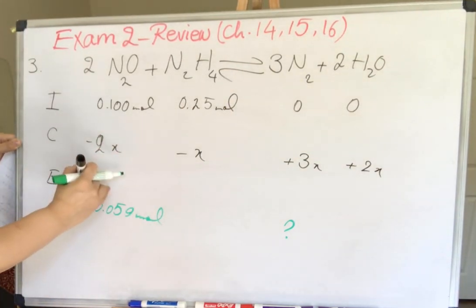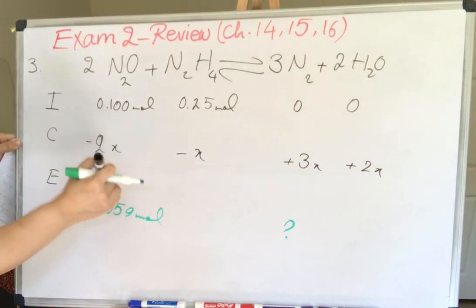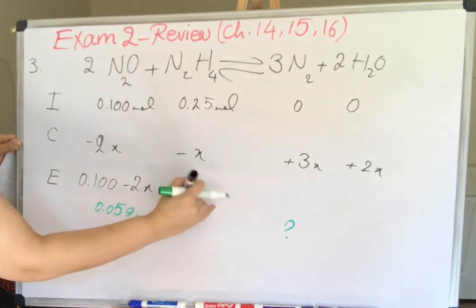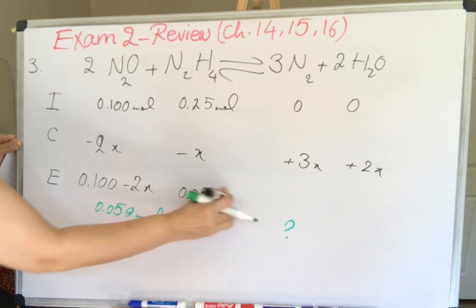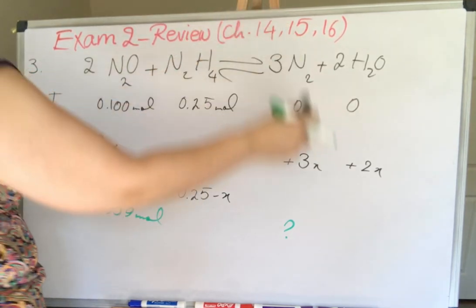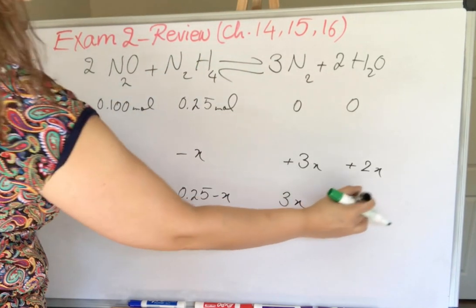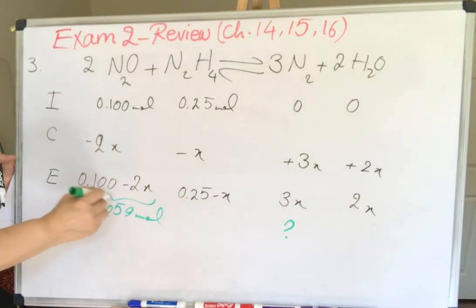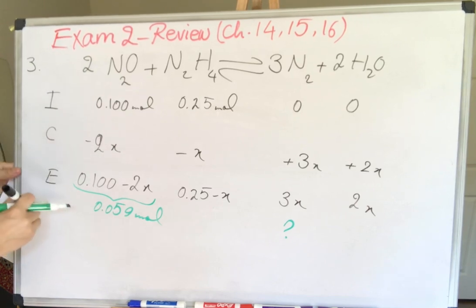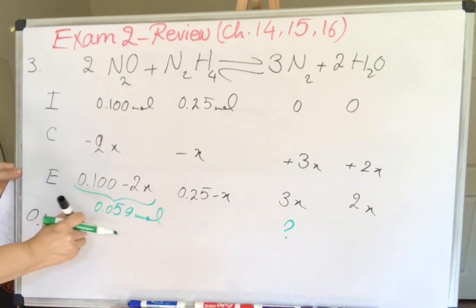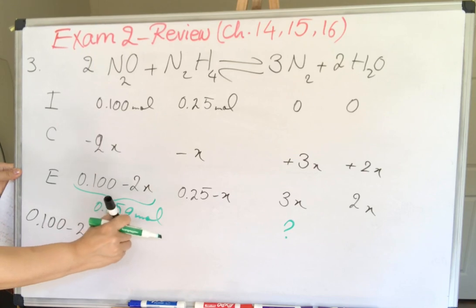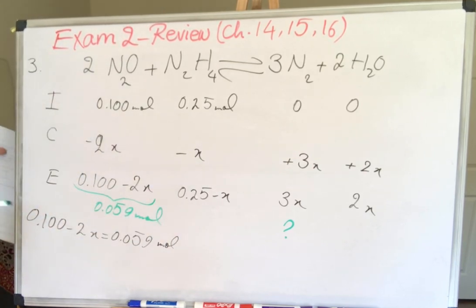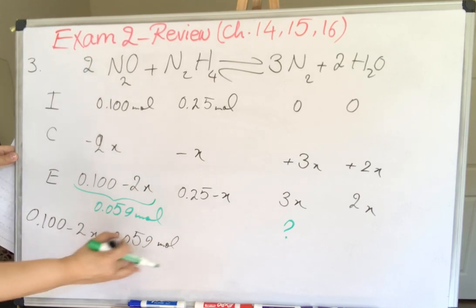So at equilibrium, the system has 0.100 minus 2x, 0.25 minus x for N2H4, for N2 it is 3x, and for H2O it is 2x. The question is saying that 0.100 minus 2x is equal to 0.059, because that's the equilibrium number of moles for N2O.